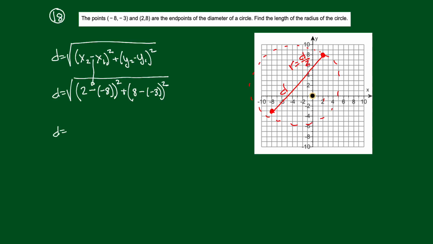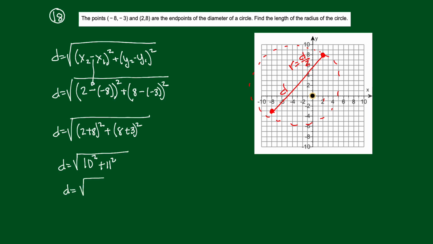So let's simplify here. What do we get? 2 plus 8 squared plus 8 plus 3 squared. So this distance is the square root of 10 squared plus 11 squared. 10 squared is 100.